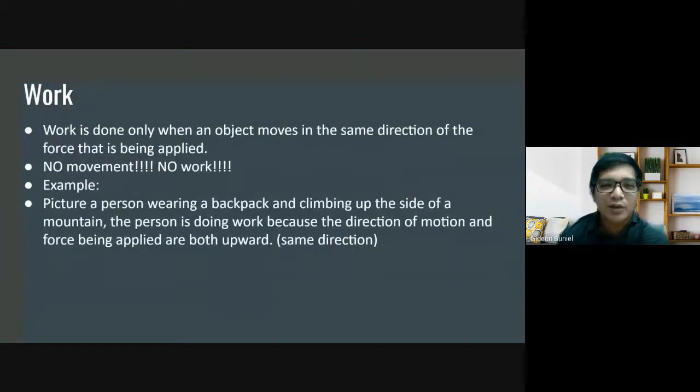Example, picture a person wearing a backpack and climbing up the side of a mountain. The person is doing work because the direction of motion and force being applied are both upward, same direction. So there is work there from the force, the effort for climbing, and the distance traveled by the person.